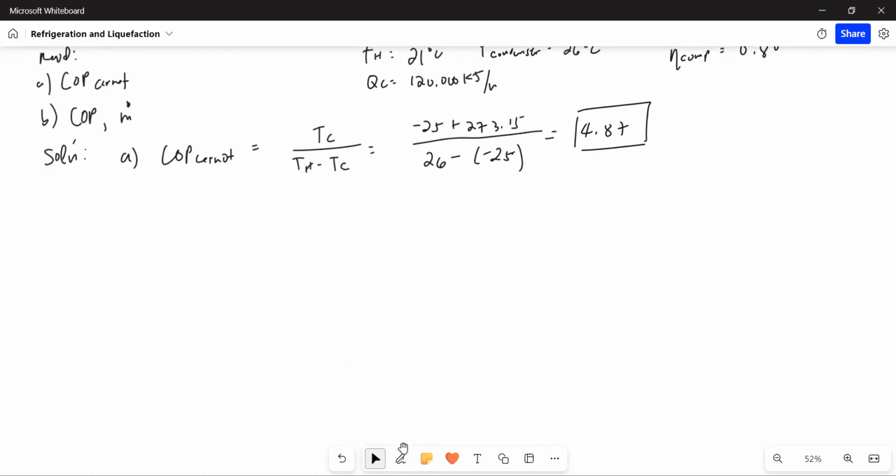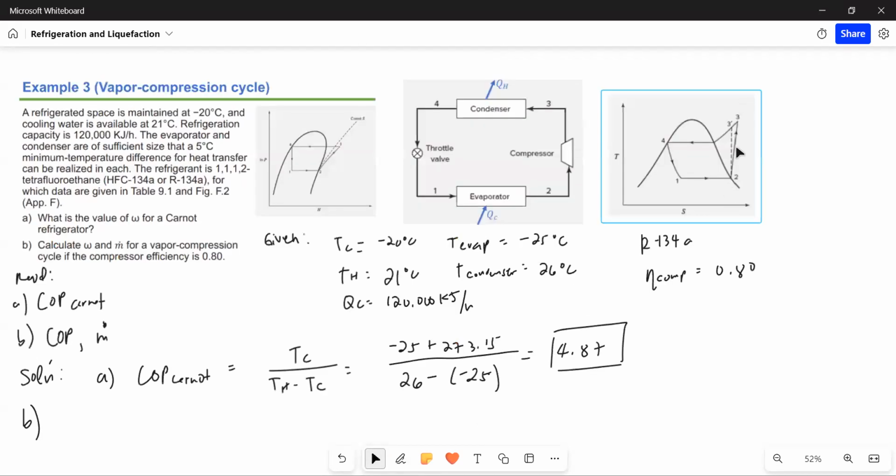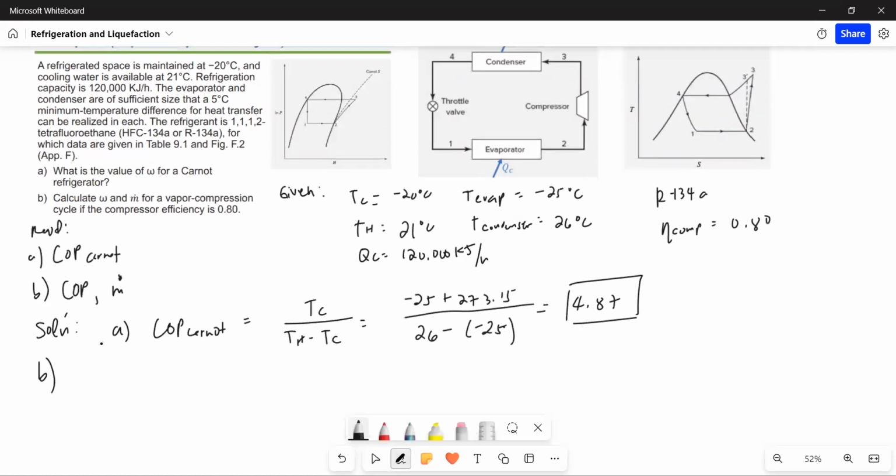And for letter B, we are looking for the COP and mass flow rate of an ordinary vapor compression cycle. So let's begin at state 2, which is before the entry to the compressor. It's a purely vapor state. So at point 2, it's saturated vapor.